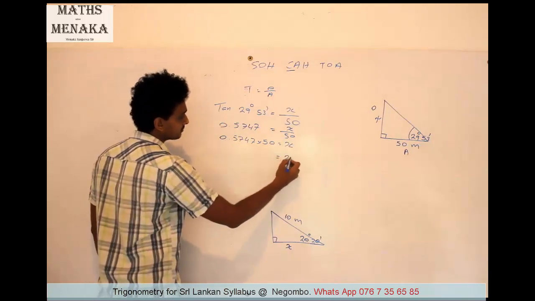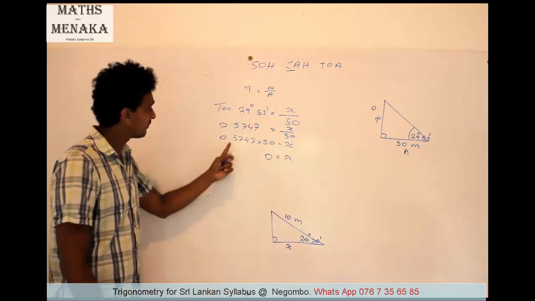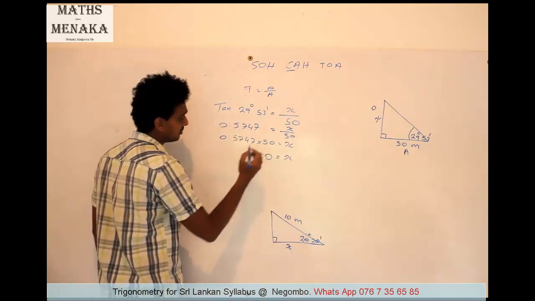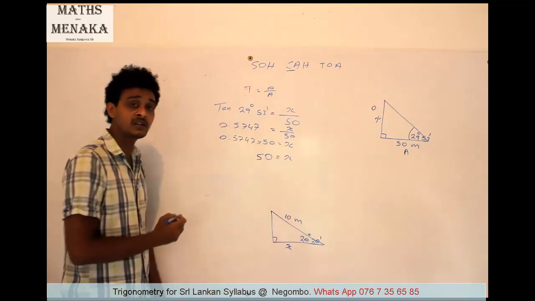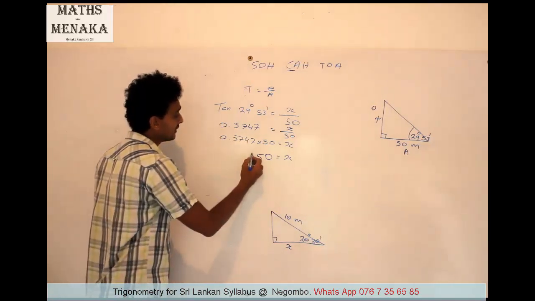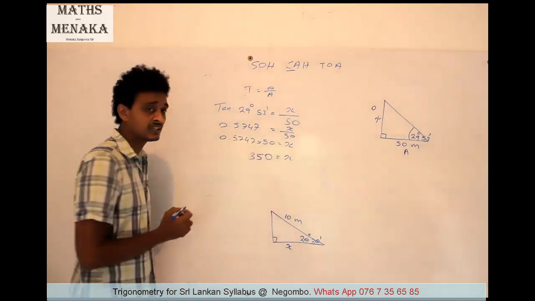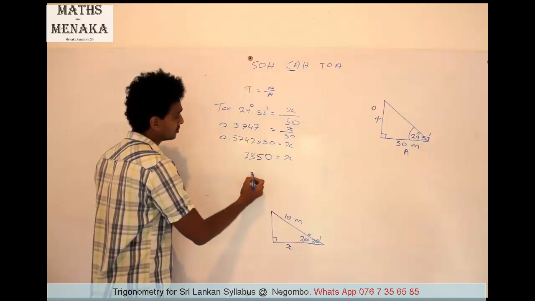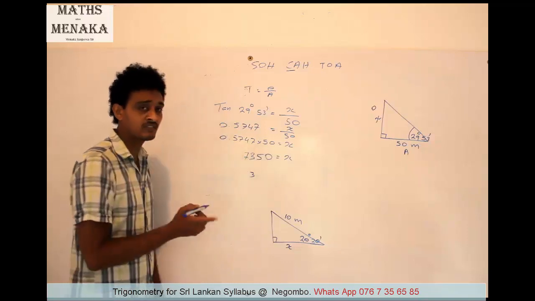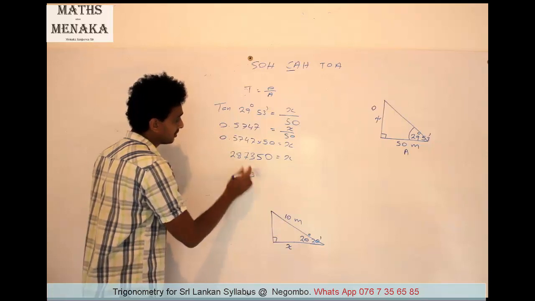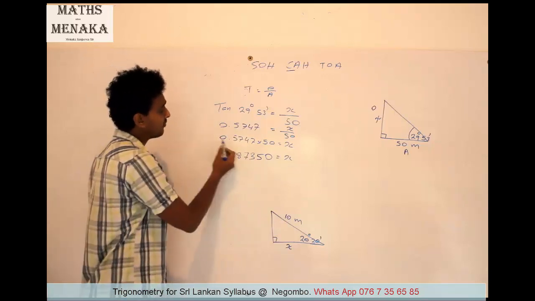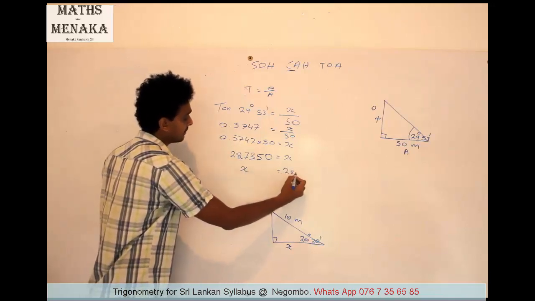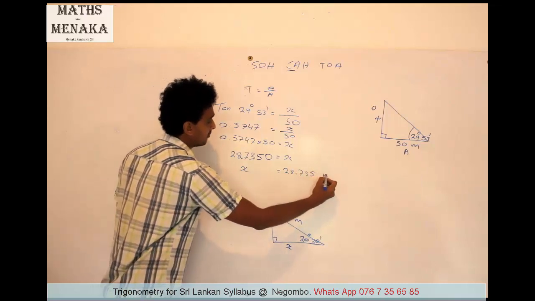Now multiply. 5747 you can multiply by 5. 5 into 7, 35, 3 remain. 5 into 4, 20, 20 plus 3 is 23, 2 remain. 5 into 7, 35, 35 plus 2, 37, 3 remain. 5 into 5, 25, 25 plus 3 is 28. Now give the decimal point correctly. Here there are 4 decimal places: 1, 2, 3, 4. Then the answer is 28.735 meters.